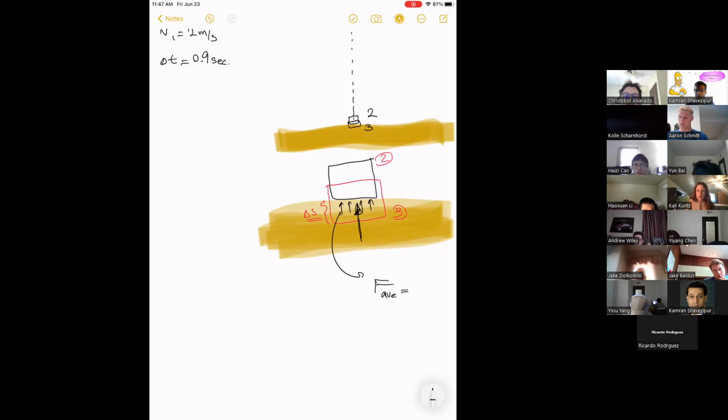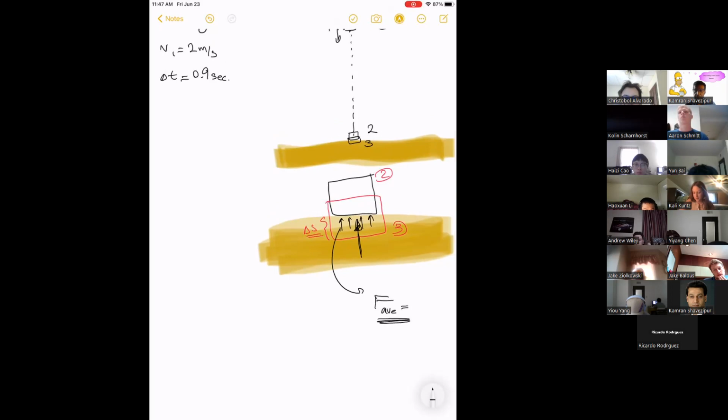I guess the answer is not, right? Because as you push more, and your hand goes inside, the resistance increases. So that force is not constant. But for the sake of this problem, we assume it's constant, or we just try to find the average value of the force, right?